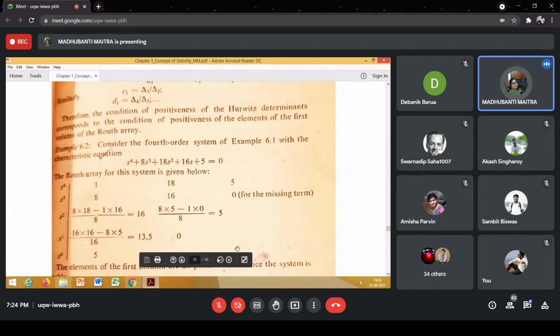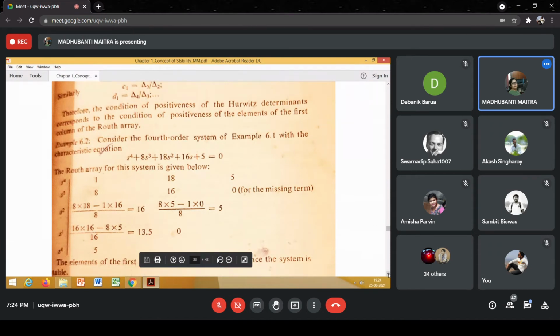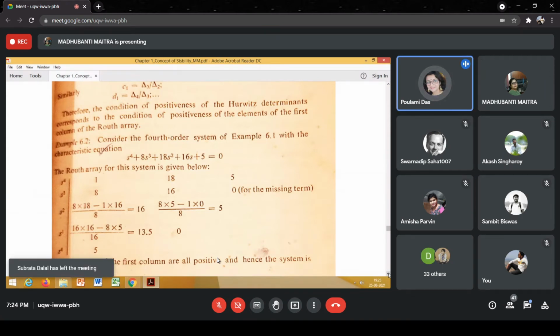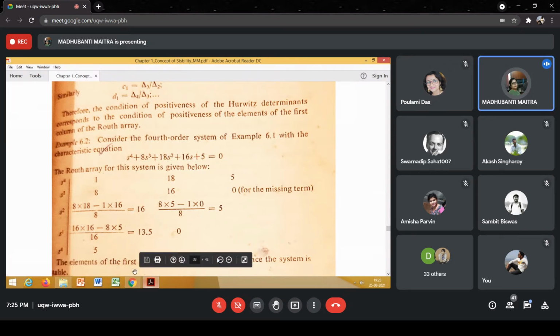Yes, ma'am. That will be 13.5 and 0. So s0 will contain a single term which is equal to a4, isn't it?